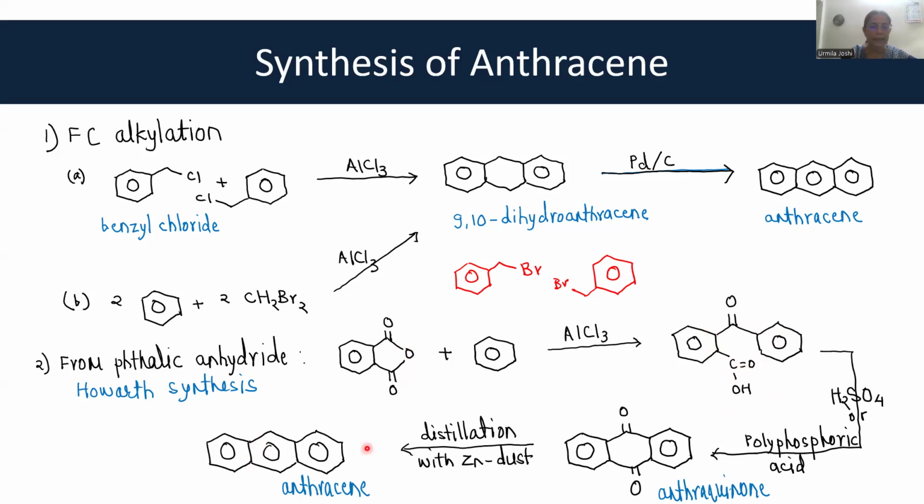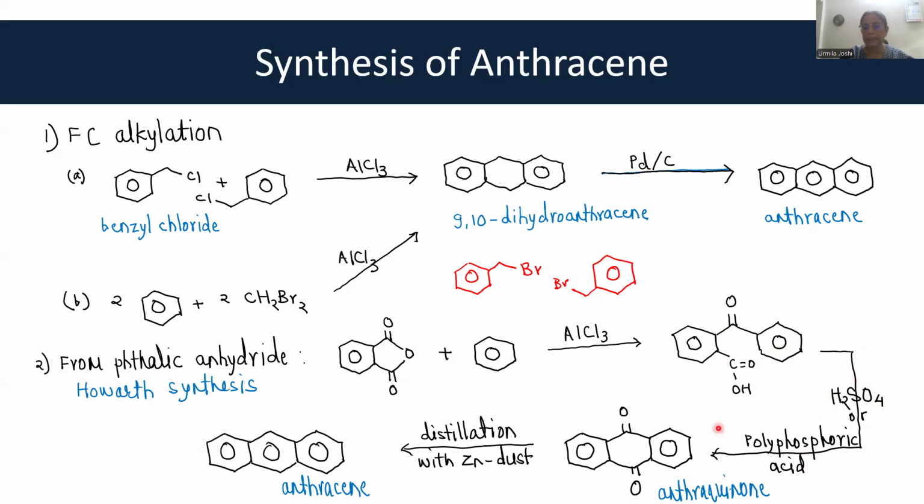Now our target is anthracene. So what we need to do? We first need to fuse this. And this reaction you are familiar with. In case of naphthalene, you have seen this. So either H2SO4, where this will get converted to a good leaving group, it will leave, and a bond between carbonyl and this will be formed, or polyphosphoric acid will also do.